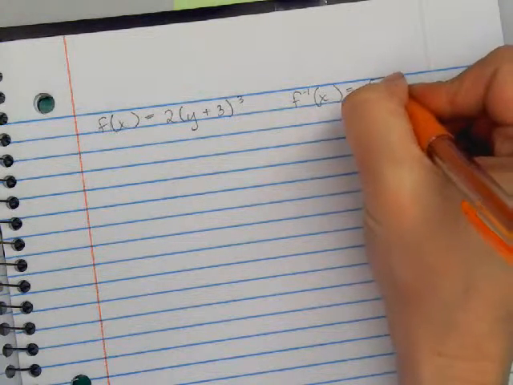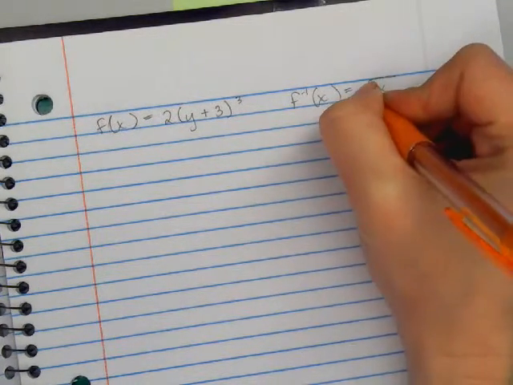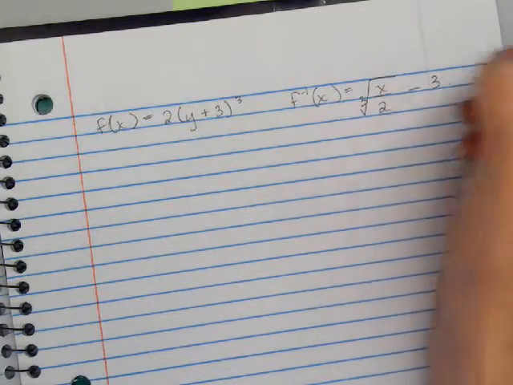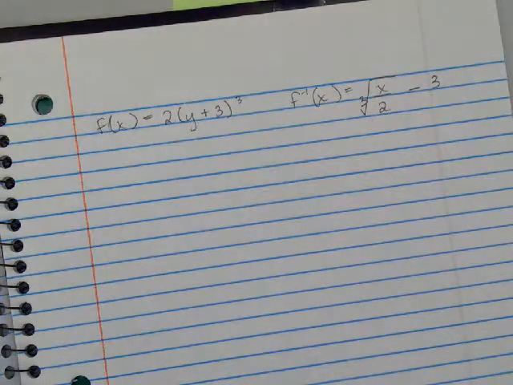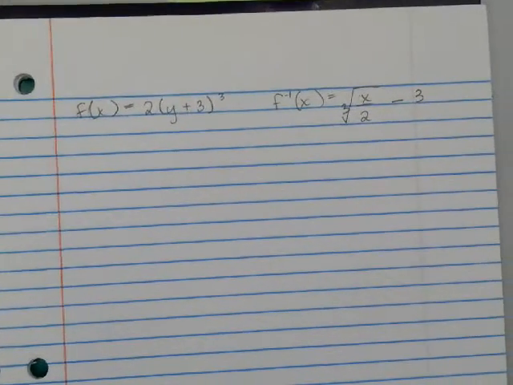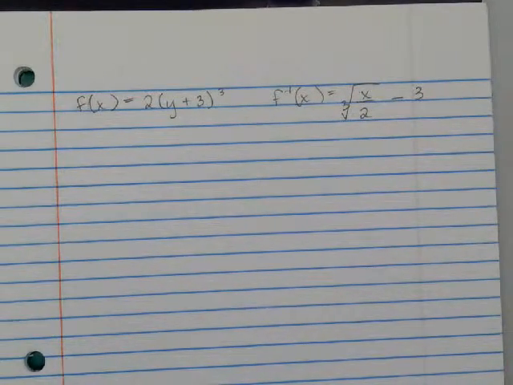So f of 6 equals 2 times 6 plus 3 to the third. So 2 times 9 to the third, and I'm just showing all the steps in between here.